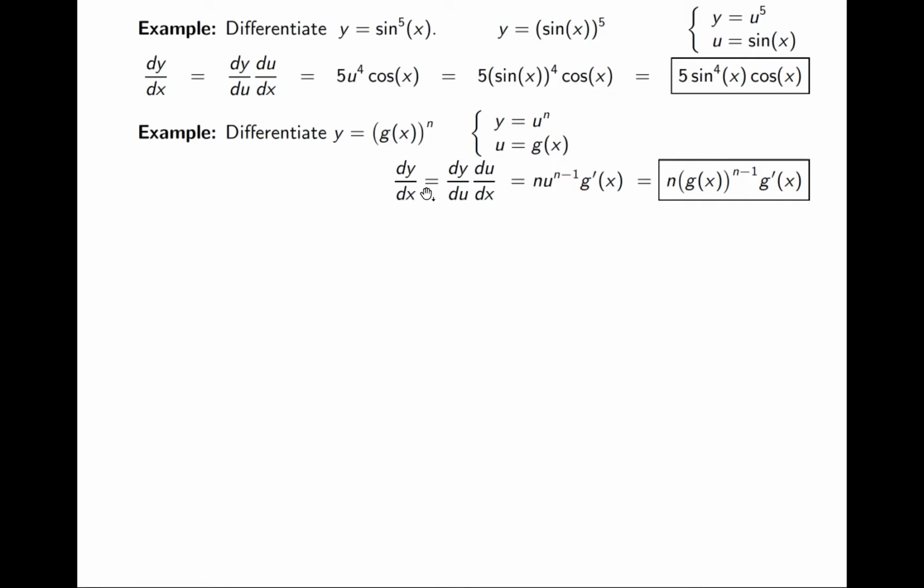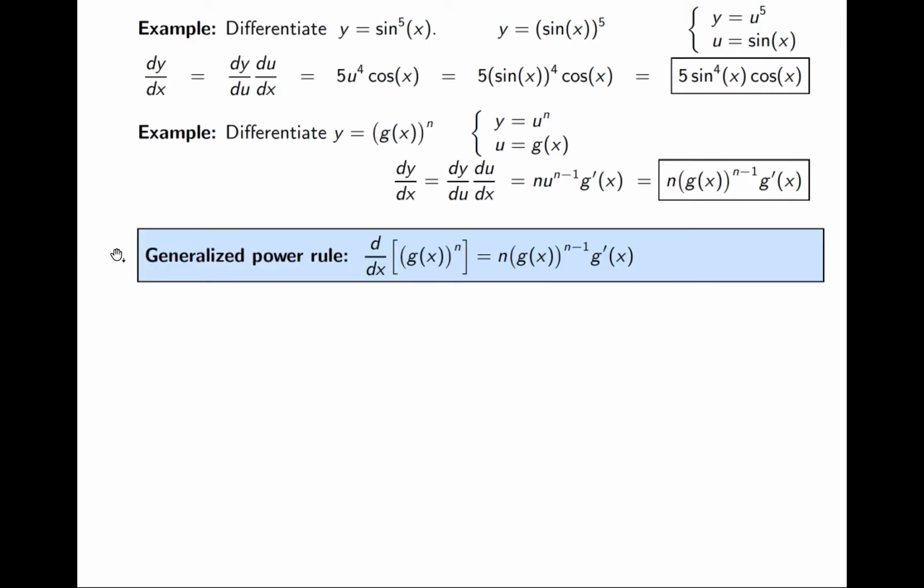But now we've done it for any function g of x and any power n. And we can make this a rule. We're going to call this the generalized power rule. It's kind of like the power rule, but instead of x to the power of n, it's differentiating g of x to the power of n.